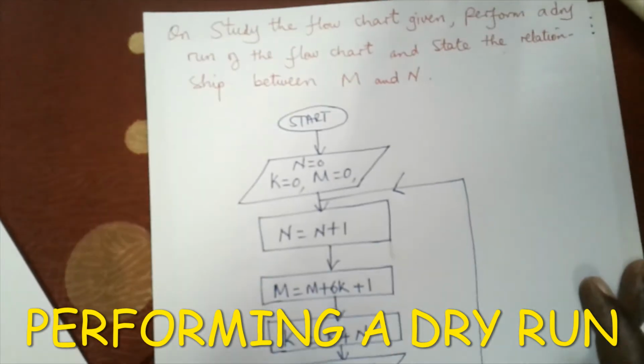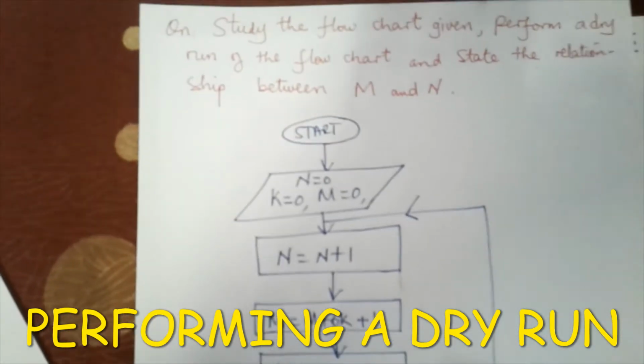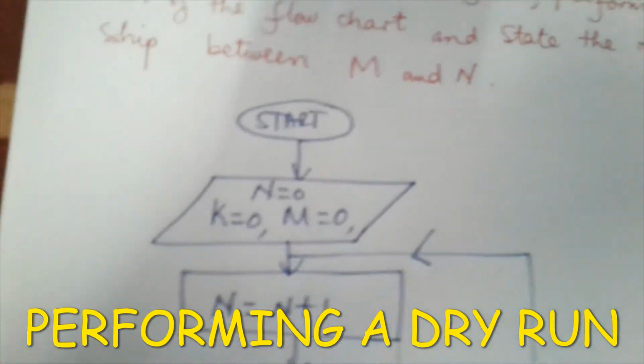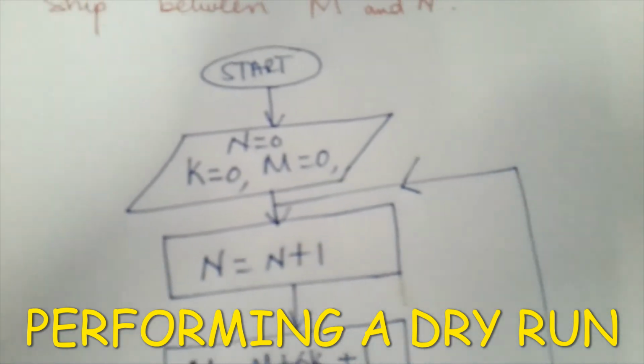And clearly, the flowchart wants us to begin with N as 0, K as 0, M as 0. So we shall draw a table.